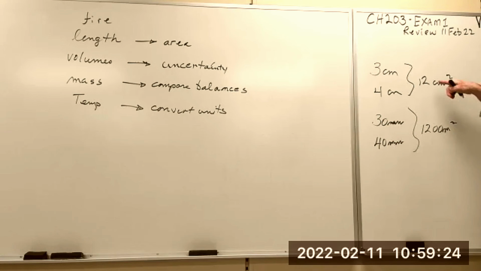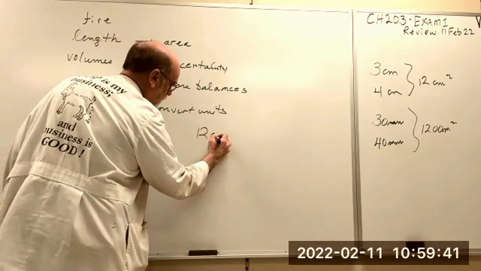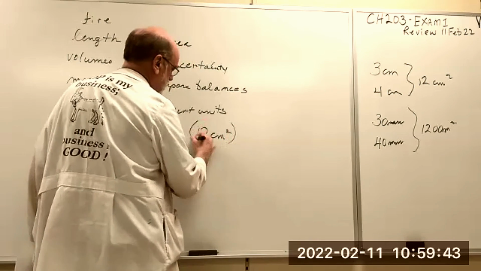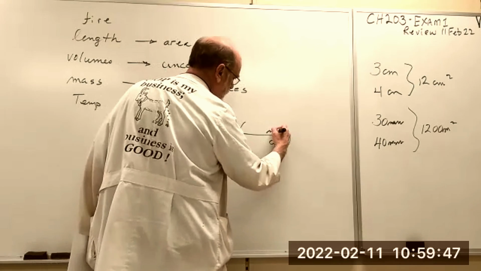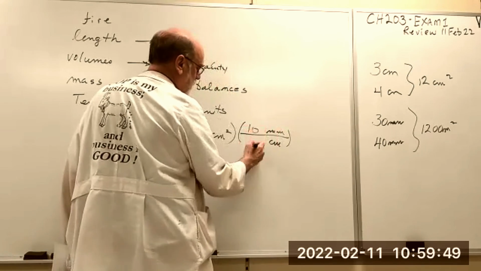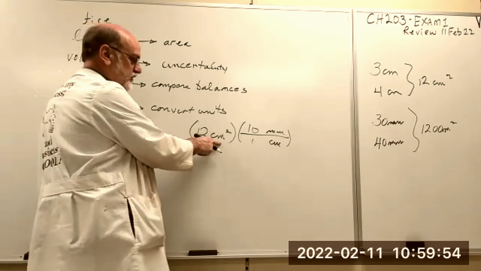Okay, or you can go from here to here. But notice that it's squared. And when you do unit conversions, if you square a number, you square the units too. So if we were going to do this by dimensional analysis, we would say 12 centimeters squared. What do we know about the ratio? Centimeters here, millimeters there. There's 10 millimeters for every 1 centimeter. But that doesn't cancel all the centimeters.